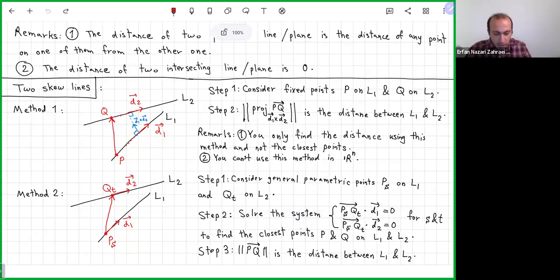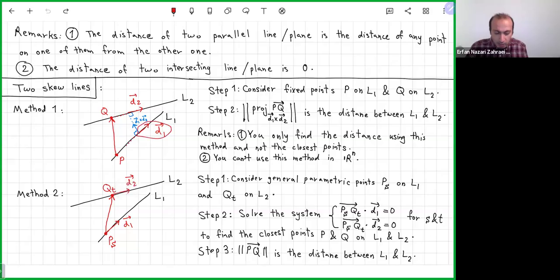But what direction? The direction that you should project onto is a direction that is perpendicular to both lines. Since it should be perpendicular to both lines, it should be perpendicular to both direction vectors. And as you see this week, the mechanism that gives you a direction perpendicular to two given vectors is the cross product.